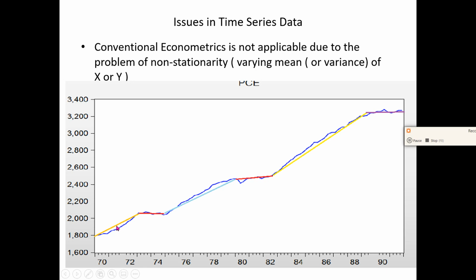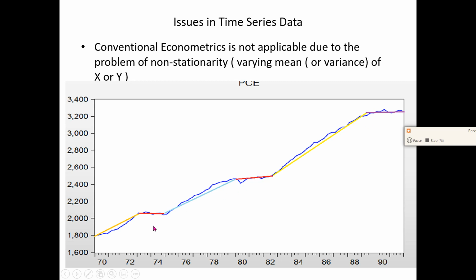What are the different issues in time series data that we will cover in a later lecture as well? The idea of non-stationarity. Just to give you a very basic idea: if you see these time series values plotted here on a scatter plot, you can see that the average value seems to change in different intervals. For example, if I use this yellow line, this average is different than the average in the next time period, let's say this red line, and so on.